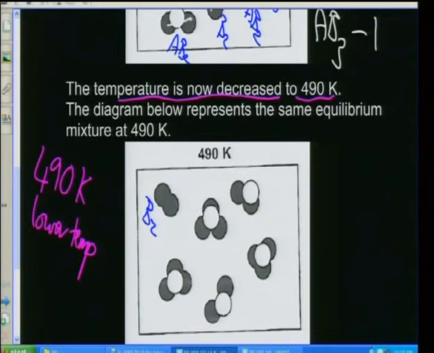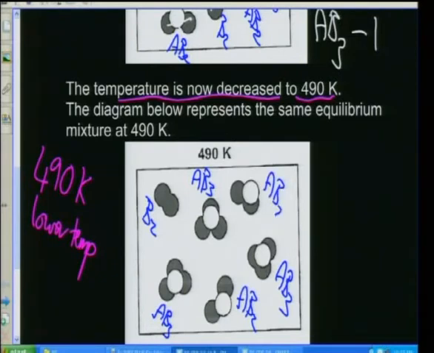The white one and 2 black ones is AB2. This one has got 3 black, so it's AB3, and this one has 3 black, so it's AB3, and this one has 3 black, so it's AB3, and this one has 2 black and 1 white, so it's AB2. Can you see now what we've got?